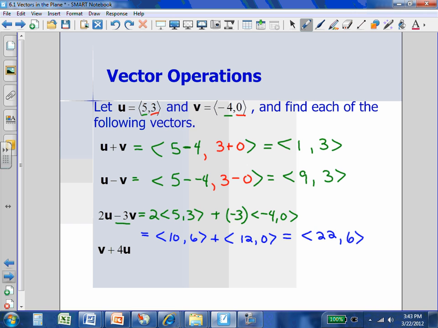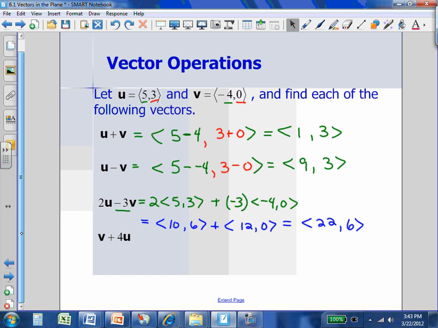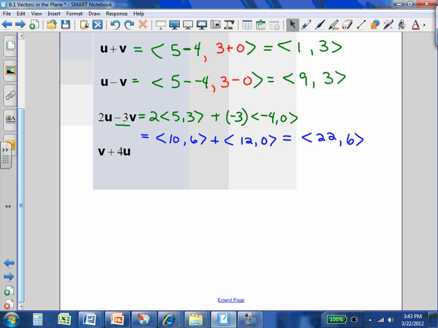Now v plus 4u, very similar. Extend that page a little bit so it's easier to see. So v plus 4u, I'm going to have (-4, 0) plus 4 times the vector u, which is (5, 3). Okay, so that means that I'm going to go underneath so I have more room.